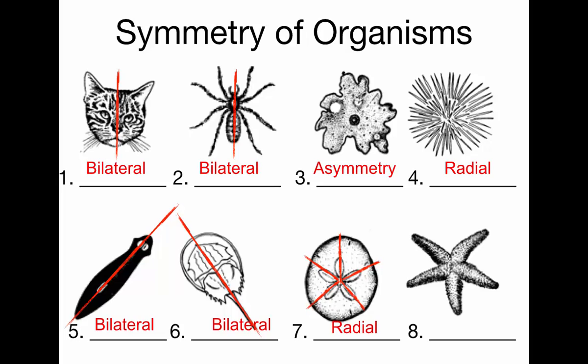John? It's actually radial. Yeah, if one leg is bent, that's okay. It's still organized generally like spokes from a wheel in a circular pattern. So that's a radial symmetry.